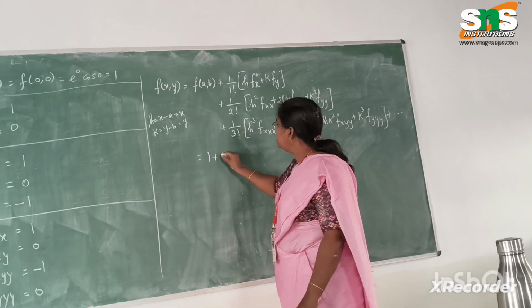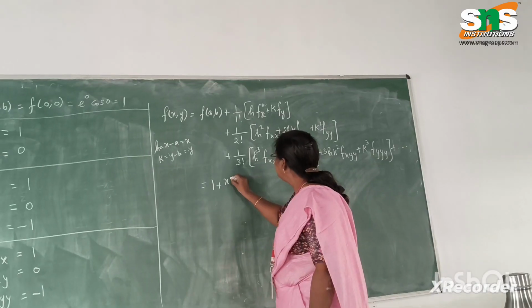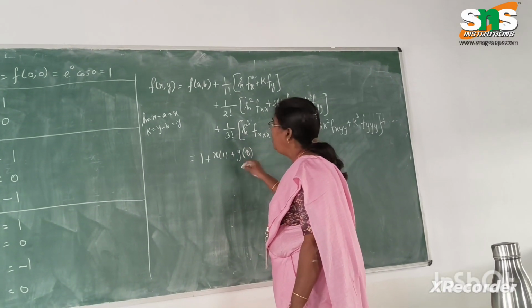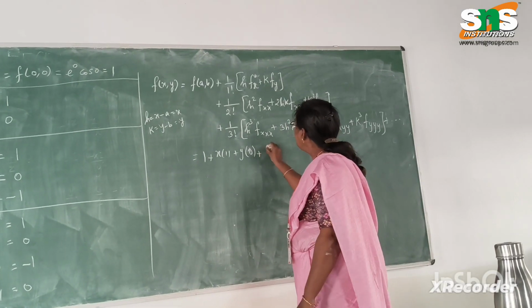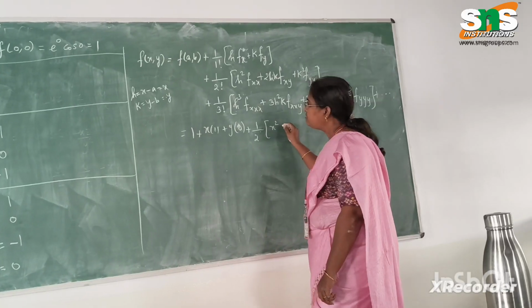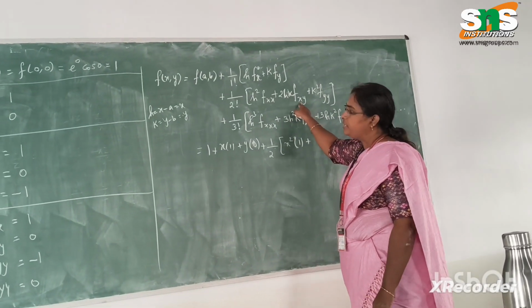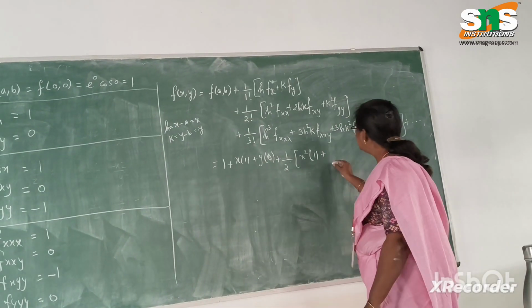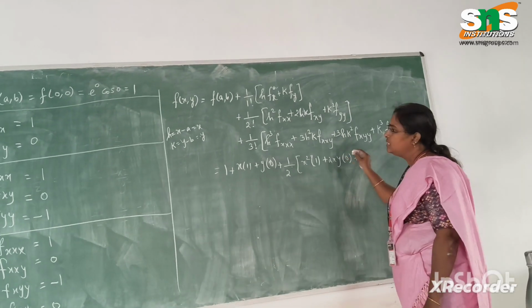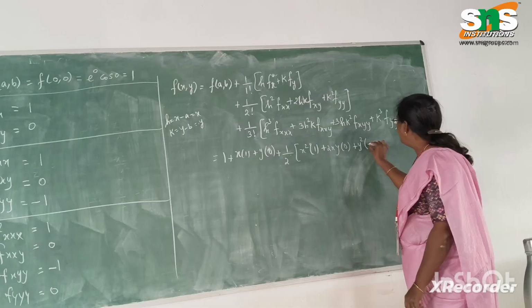So x into fx, 1, plus y into 0, plus 1 by 2 into x squared into 1, plus fxy value 2xy into 0, plus y squared into minus 1.